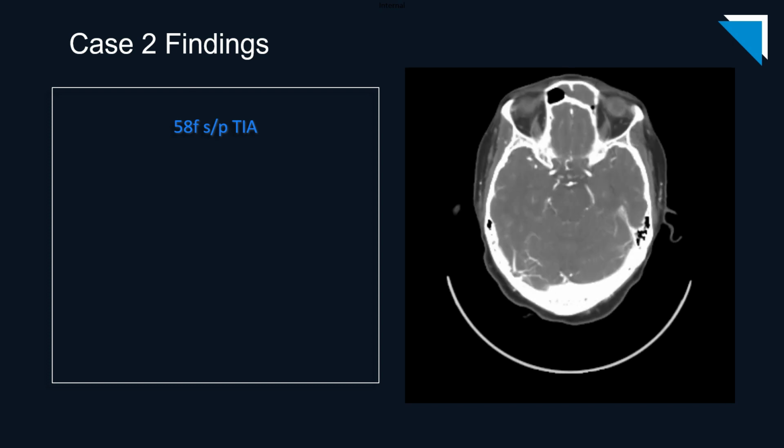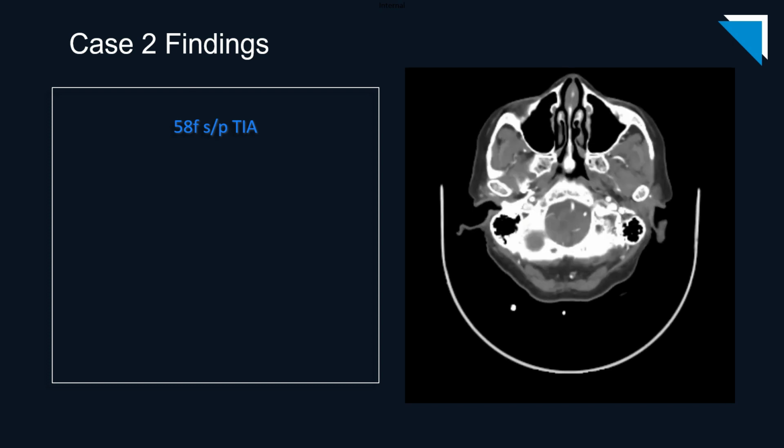Our next patient is a 58-year-old woman, status post-transient ischemic attack. Let's begin by reviewing these axial images from a CT angiogram of the neck.